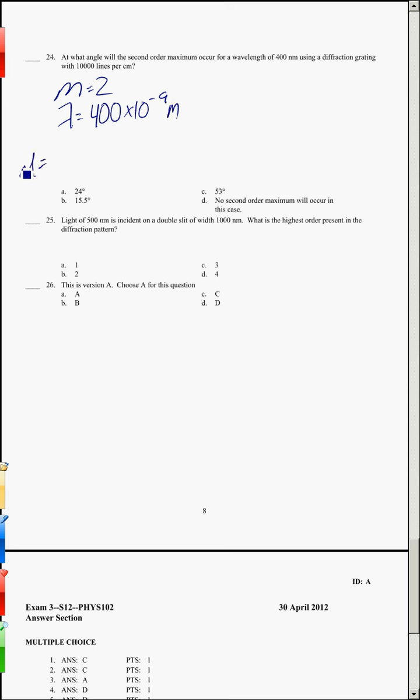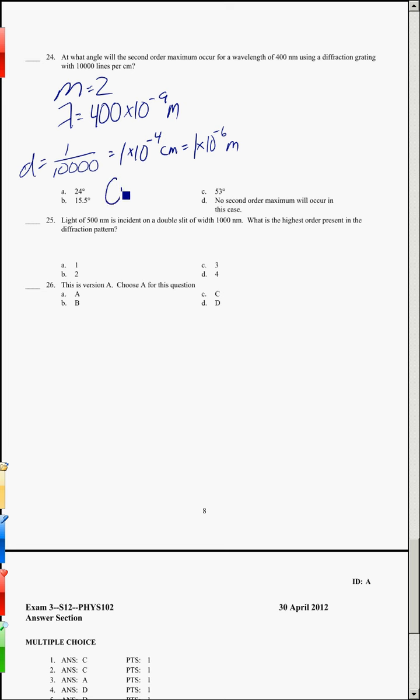And then I want to find d. d is equal to 1 over 10,000, which is 1 times 10 to the minus 4. But that's in centimeters, so it's 1 times 10 to the minus 6 meters.